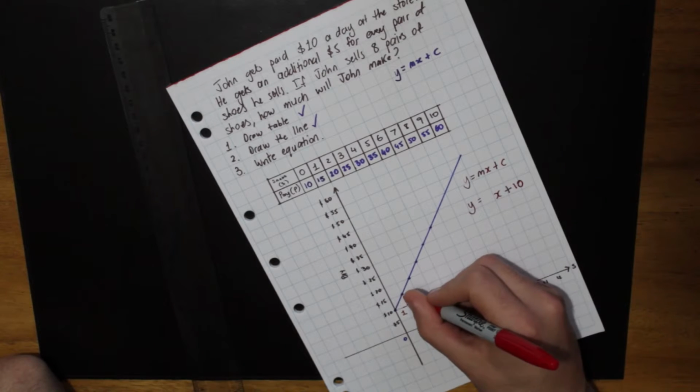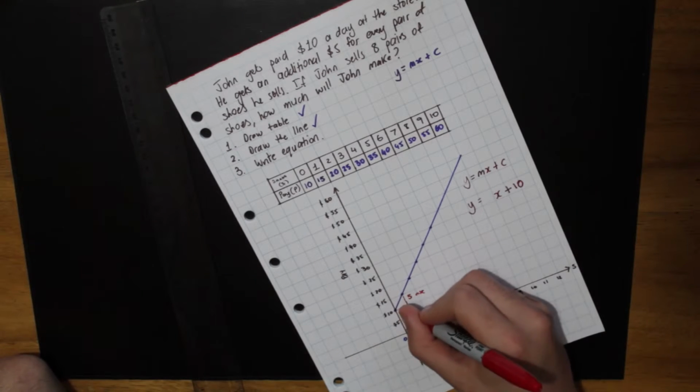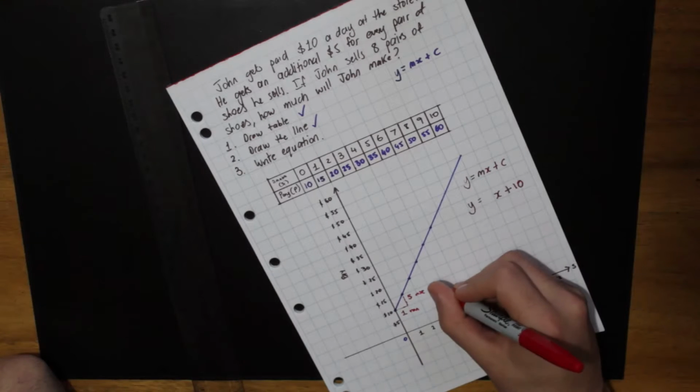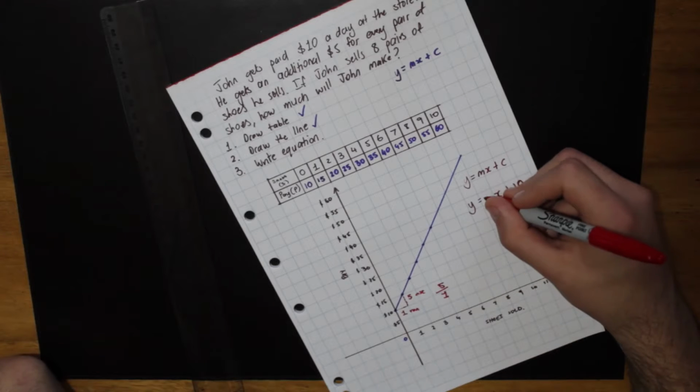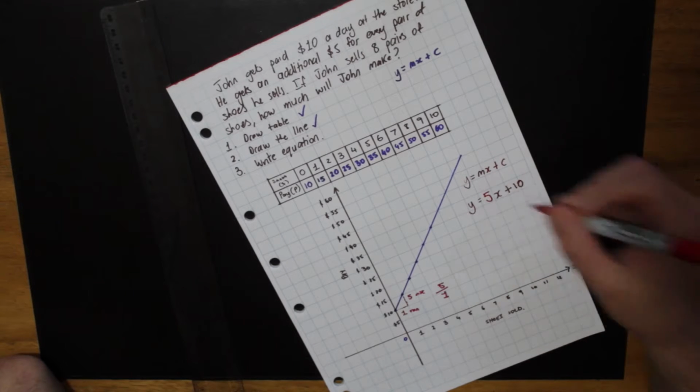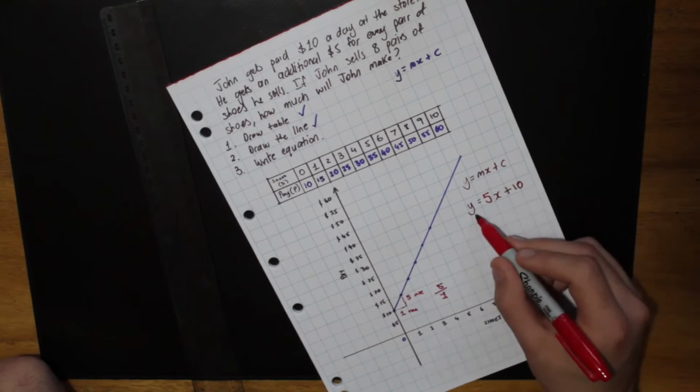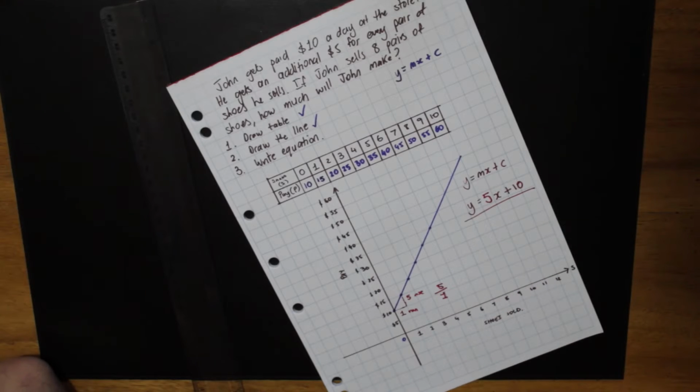So that's going to look as our rise. Here's our run. So here it's going to look like 5 over 1, or just 5. So I'm going to put a 5 there, and we have just written an equation to represent what John makes in a day based on how many shoes he sells.